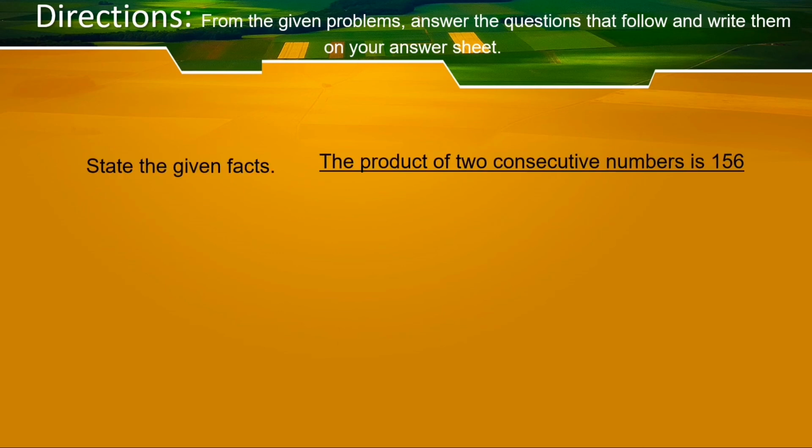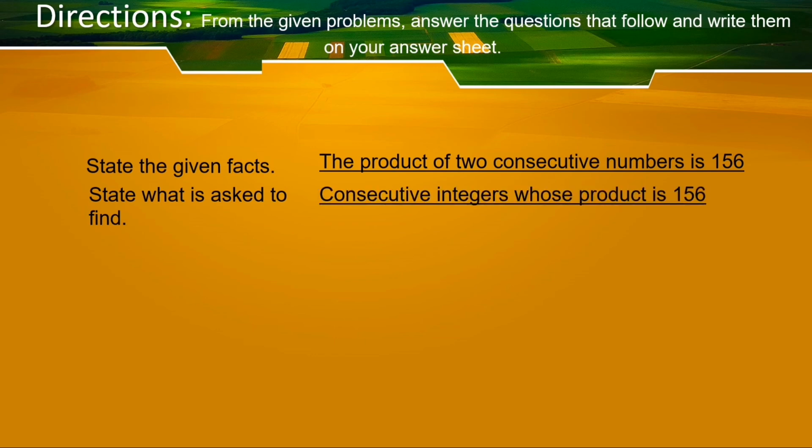Let us now solve the problem systematically. State the given facts. The product of two consecutive numbers is 156. What is asked? Consecutive numbers whose product is 156. How about the representation? Still you have the word consecutive.